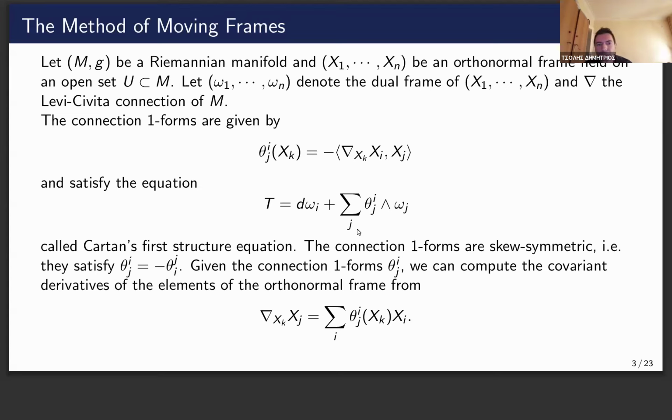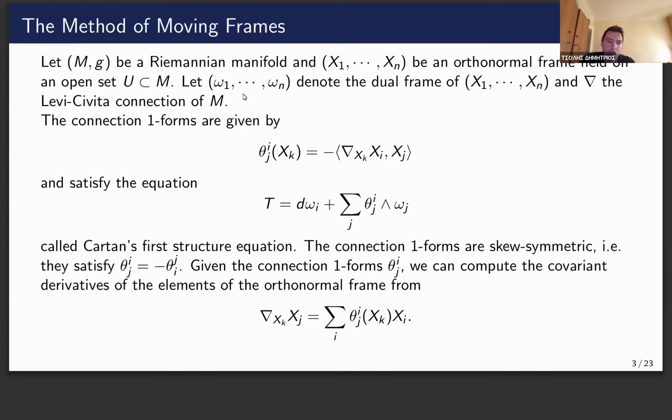We essentially take an orthonormal frame on a Riemannian manifold, and we take its coframe, which is this omega1, omega2, omega n, and that's the frame. Frame is x1 to xn.